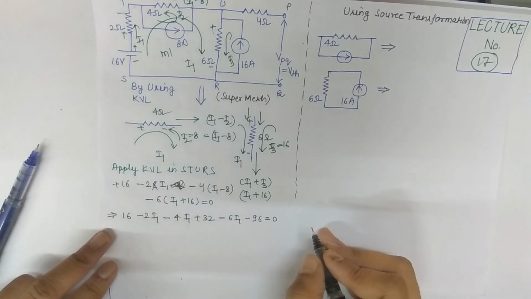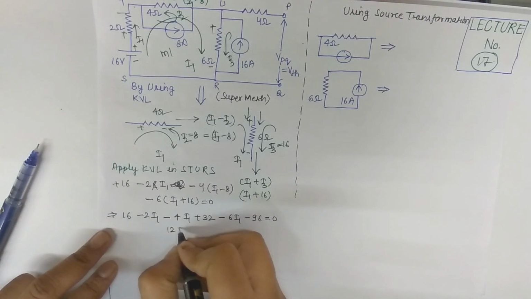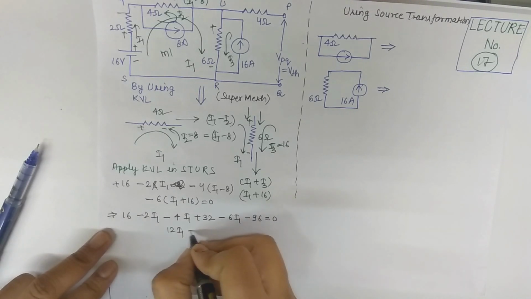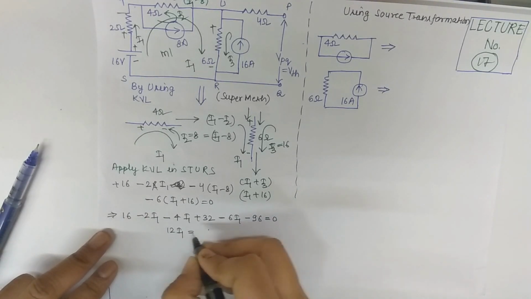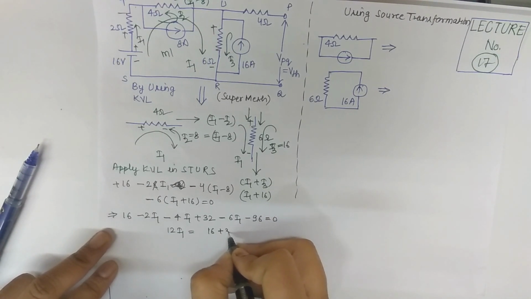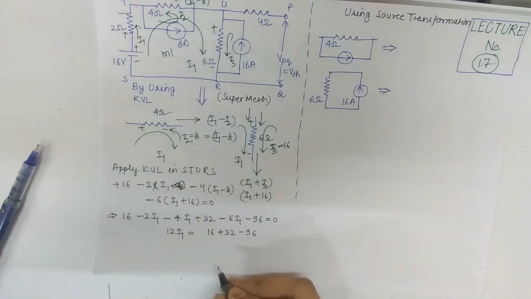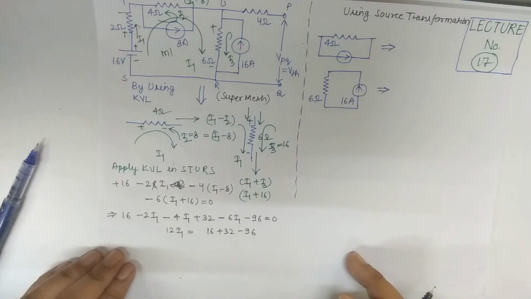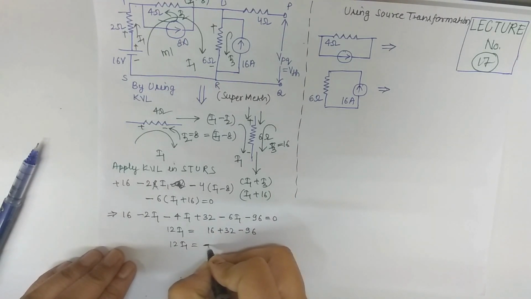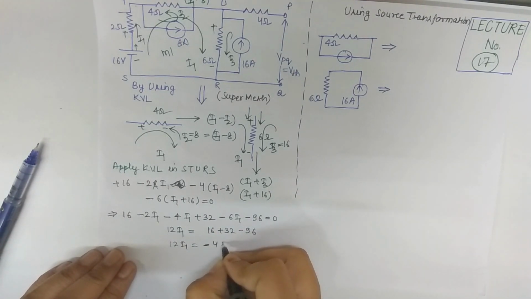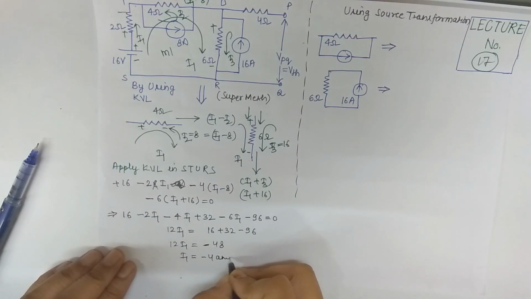So in this way it is 12 I1 is equal to 16 plus 32 minus 96. So it is 12 I1 is equal to minus of 48, and I1 is equal to minus 4 ampere.